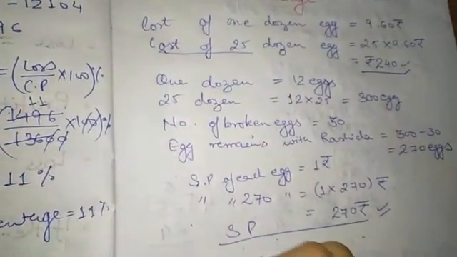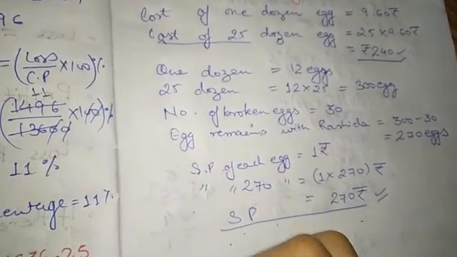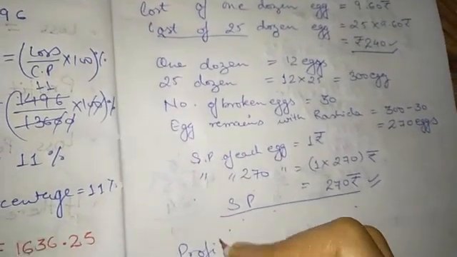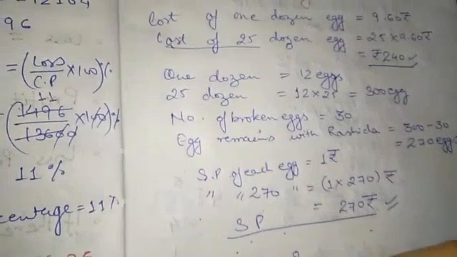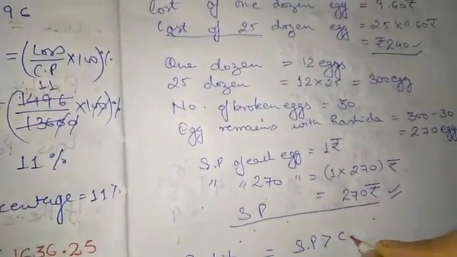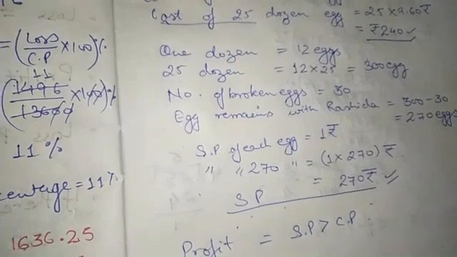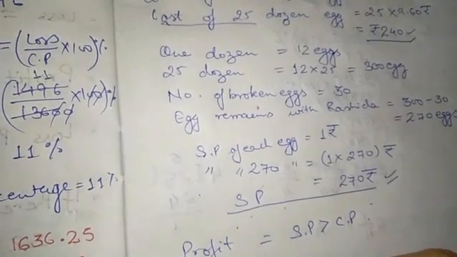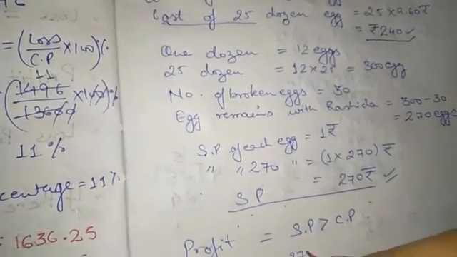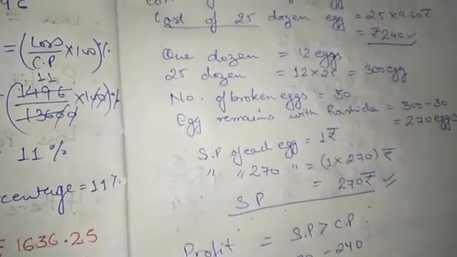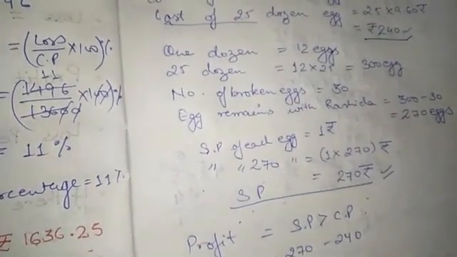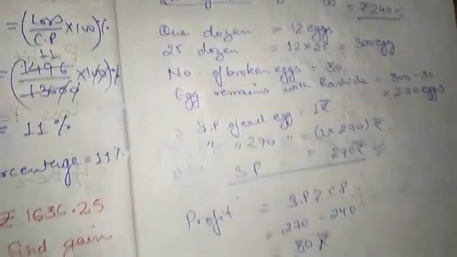SP greater than CP means profit. I told you when the selling price is greater than cost price, it will be a profit. So here they met a profit, and how much profit? 270 minus 240 is equal to 30 rupees net profit.